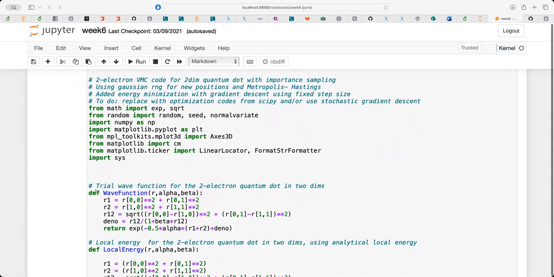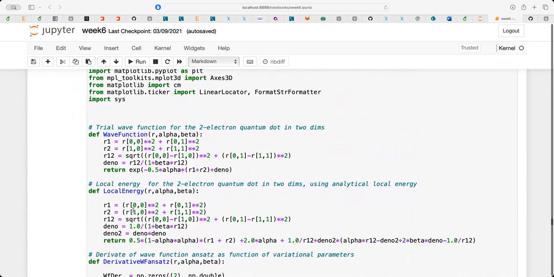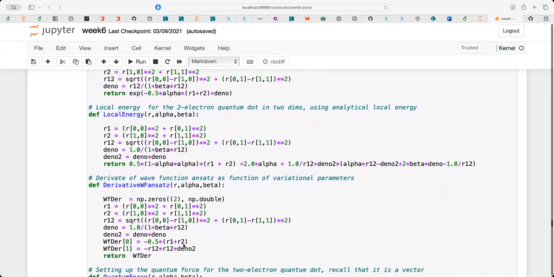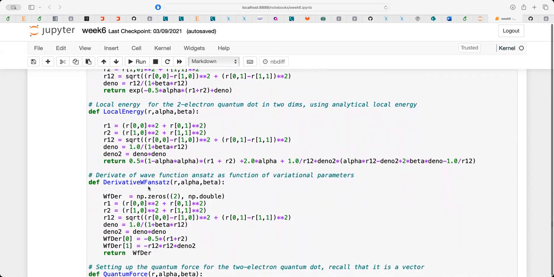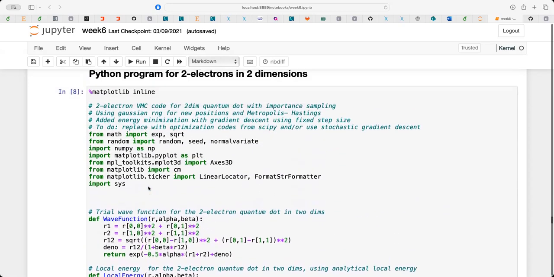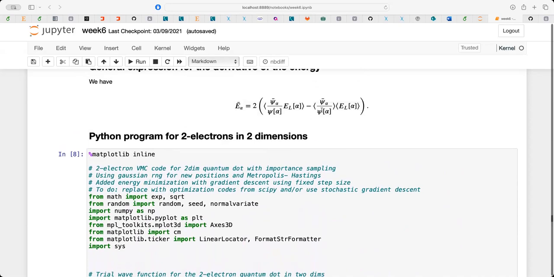So I have the wave function, the ansatz, for that one. I have an analytical expression for the local energy. And then I have a derivative of the wave function, which I need in the expression here, with respect to the variational parameters alpha.